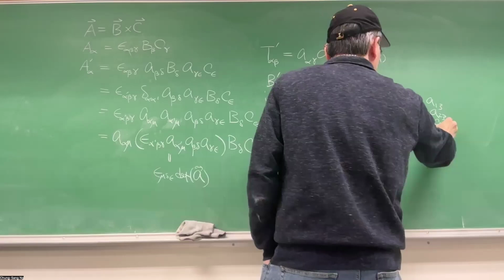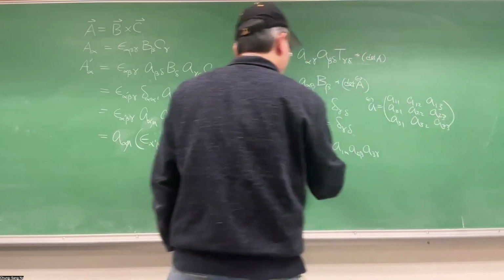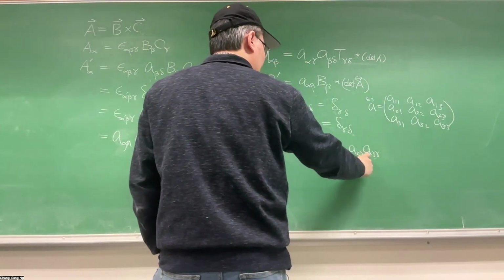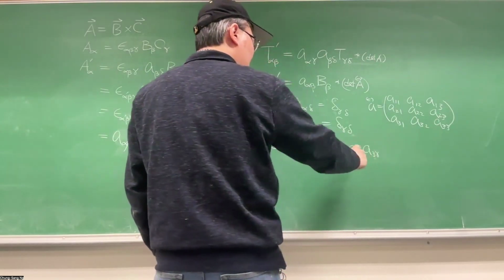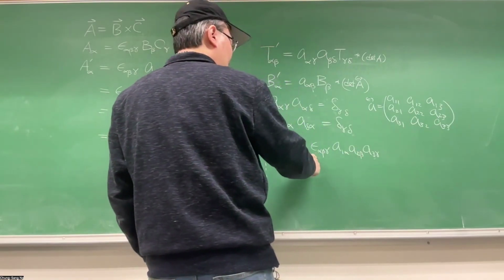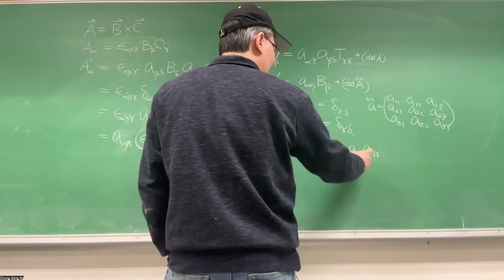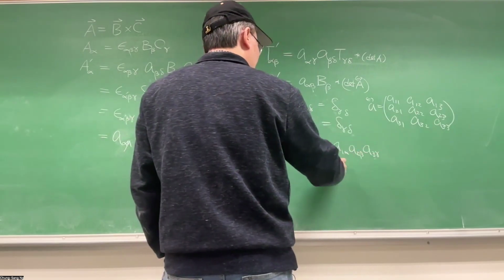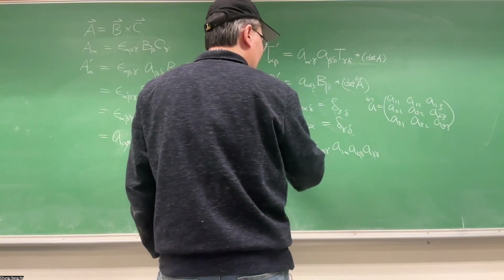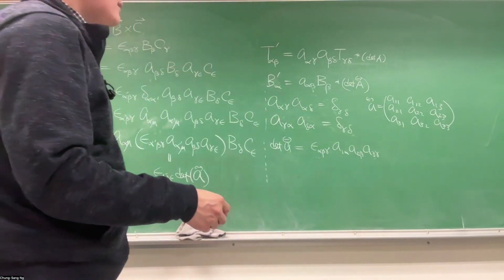But there's a sign. If you're taking the second index, if it follows the cyclic rotation of 1, 2, 3, then it's a positive sign, just like the epsilon. If one of them is reversed, then it's the negative sign, just like that.